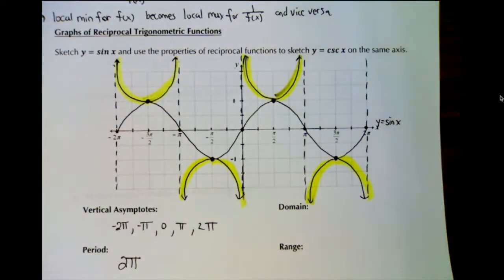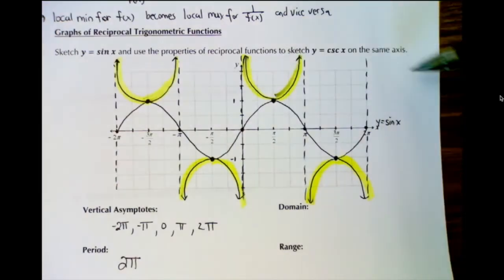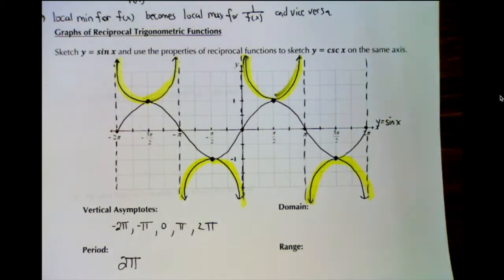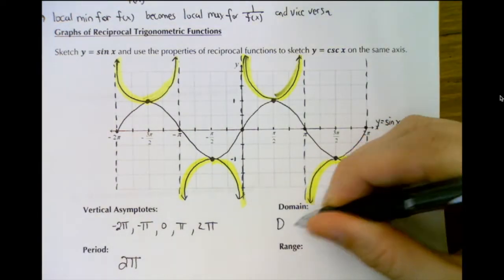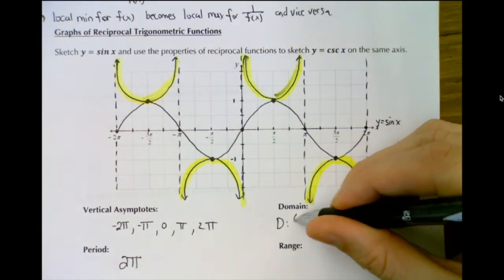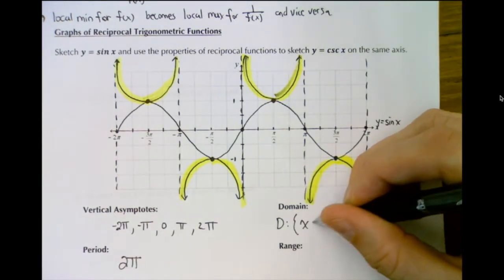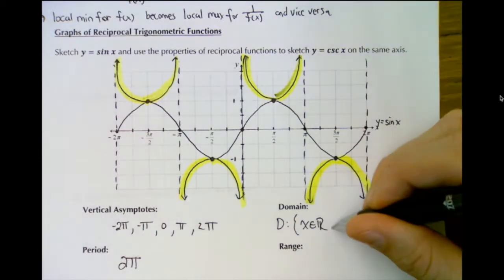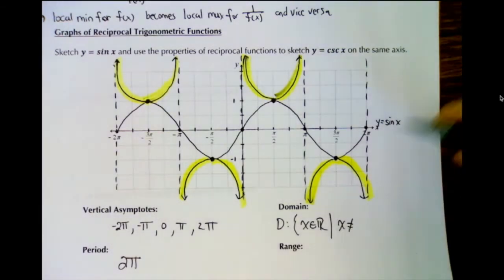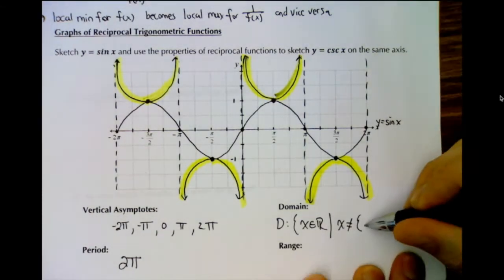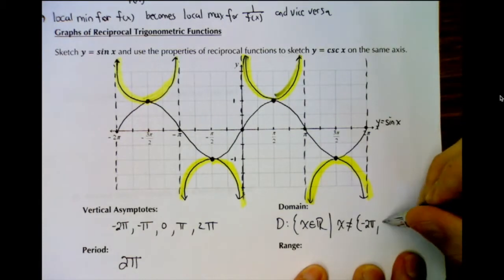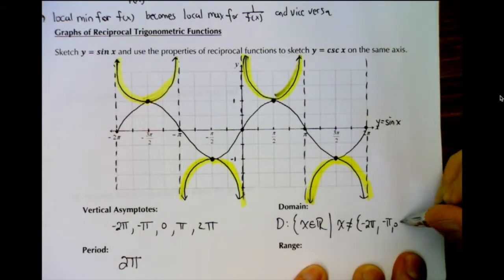Domain? Well, this function exists everywhere with the exception of where the vertical asymptotes are. So, for what we have graphed here, we can say that our domain is x belongs to real such that x does not equal, and we'll list our vertical asymptotes: negative 2 pi, negative pi, 0, pi, 2 pi.